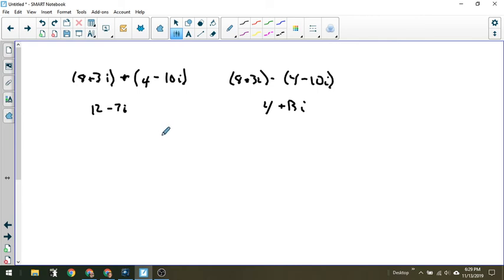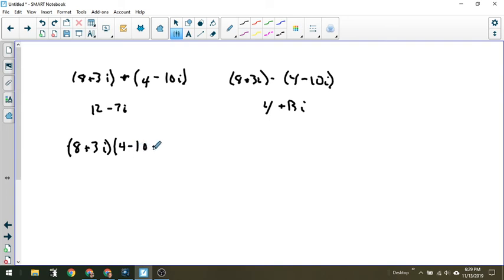And finally, as the last part of this lesson, I'm going to multiply two complex numbers. 8 plus 3i times 4 minus 10i. If you notice there's no sign between them, so I know that when two things in parentheses are next to each other, I multiply them.